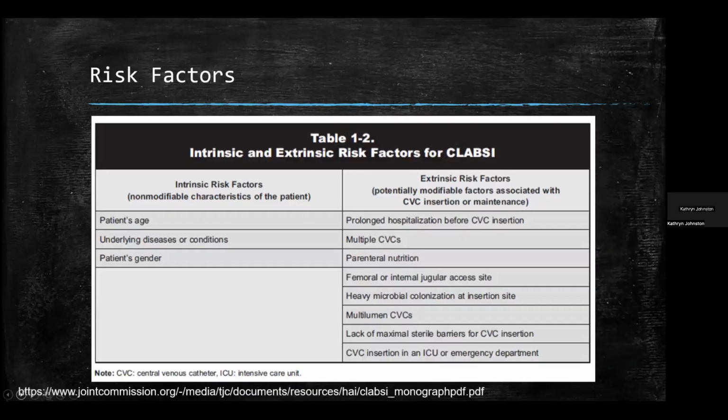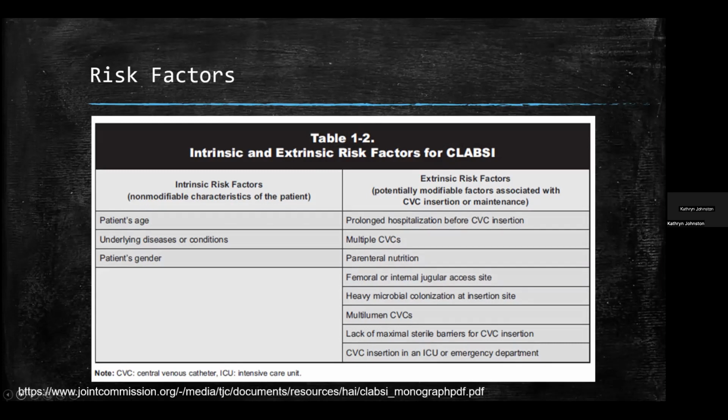So with this one, it's really important to note. So this is the intrinsic and extrinsic risk factors for the development of central line associated bloodstream infections. And you can see on the left-hand side of the screen that there are some intrinsic risk factors that we have no capacity to modify. You can't change a person's age, you can't change their underlying diseases, and you can't change their gender.